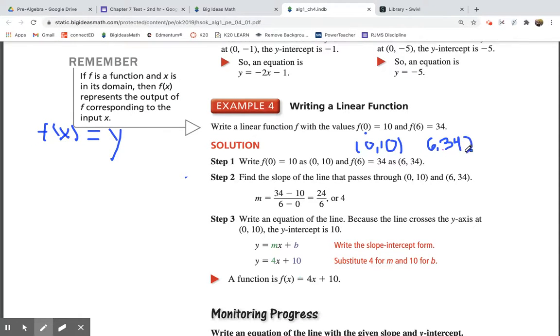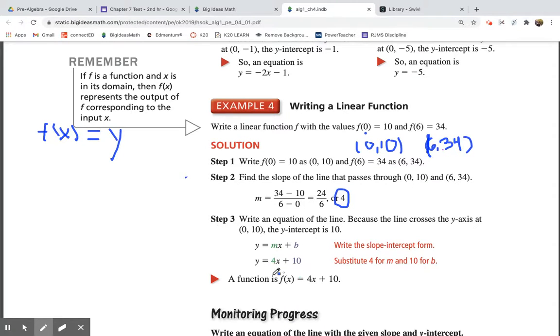Okay, so they gave us 2 points, just like in the previous example. We take those 2 points, and we plug them into that slope formula to figure out our slope. When we do that, we get 4. Then we go back. They gave us our y-intercept right here. The point (0, 10) is our y-intercept. So y equals mx plus b form. We have y equals 4x plus 10.